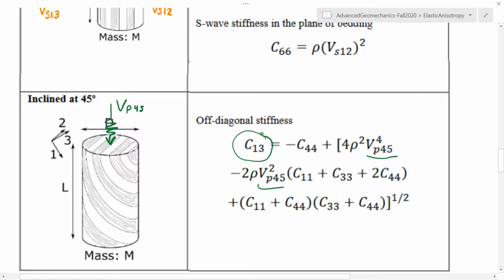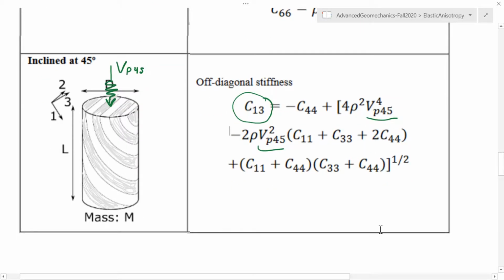And now I do have the five coefficients needed to fully identify and characterize a vertical transverse isotropic rock.